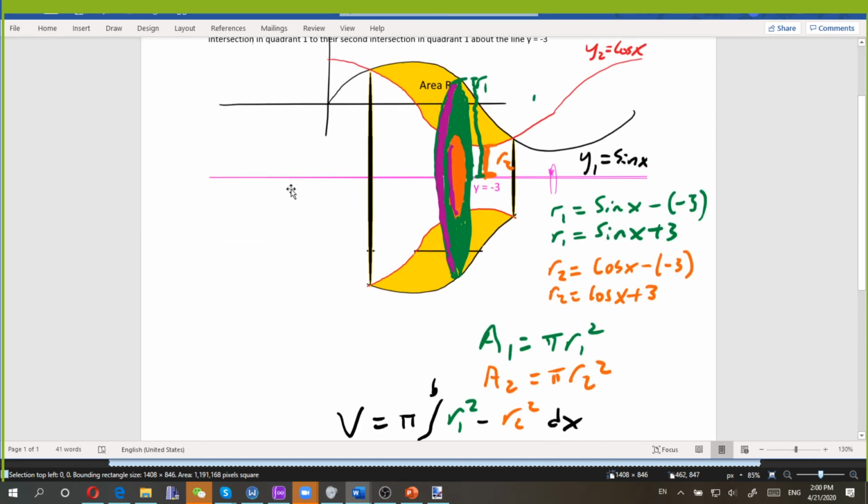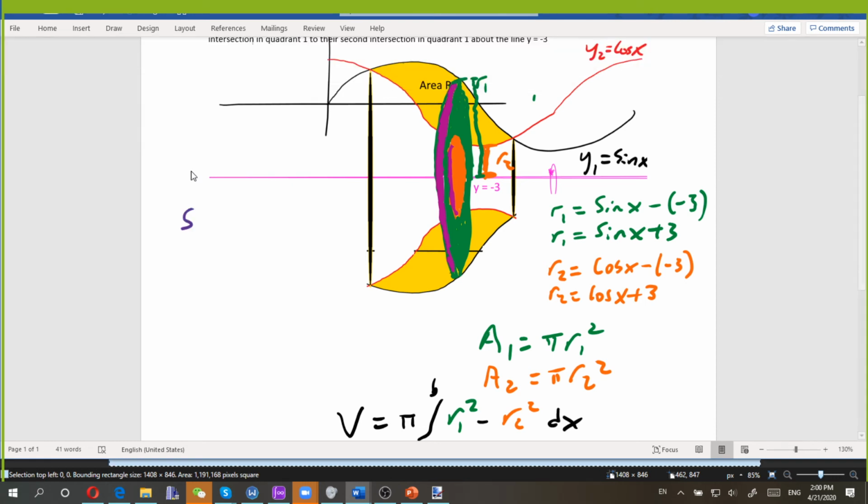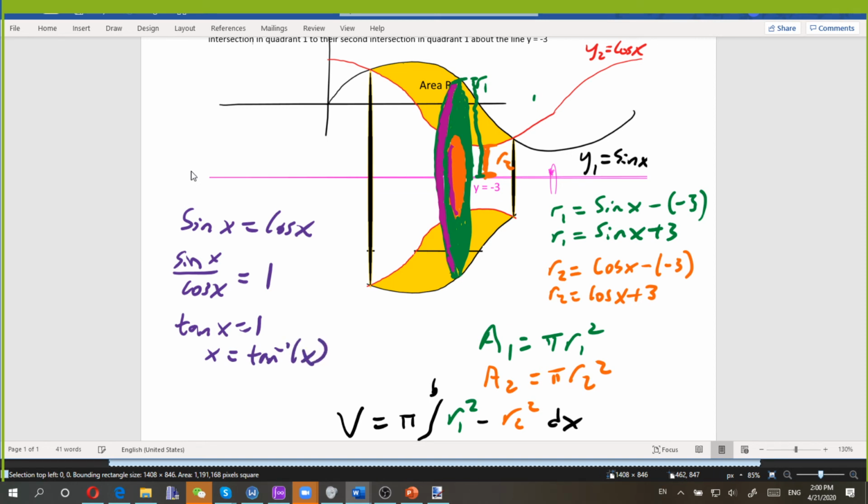So that's my start point and end point for this. And I'm going to have a and b whenever these functions cross. So that's whenever the sine is equal to the cosine. Well, if sine equals cosine, then sine divided by cosine should equal 1, dividing both sides by cosine. And the sine over cosine is the tangent. So whenever the tangent equals 1, sine will equal cosine, which happens at 45 degrees, pi fourths.